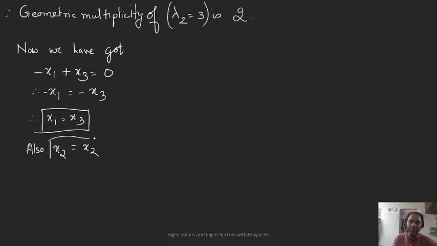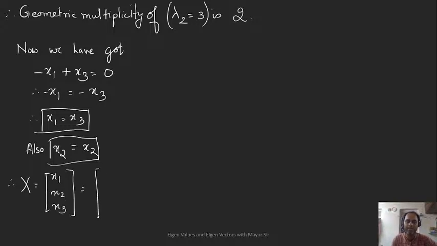Now you will come to know why there are two variables free. So now we write the formula: capital X is equal to x1, x2, x3. x1 has become equal to x3, x2 has remained independent, so x2 is equal to x2.